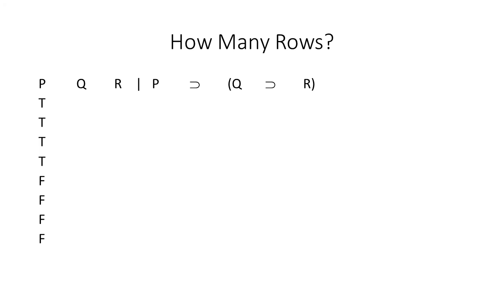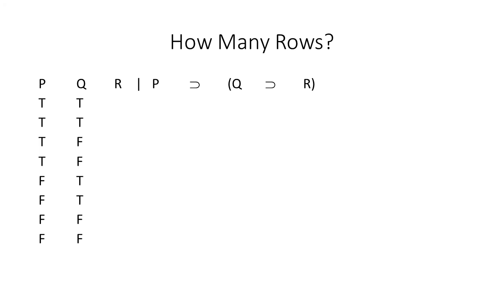Here's how you would set this up. You'll have true, true, true, true, false, false, false, false under your first letter. Think back to how you do it with the 2 statement ones. You have 2 T's and 2 F's, so the number of T's that you start with is half of the number of the rows. Similarly here we have 4, that's half of 8.